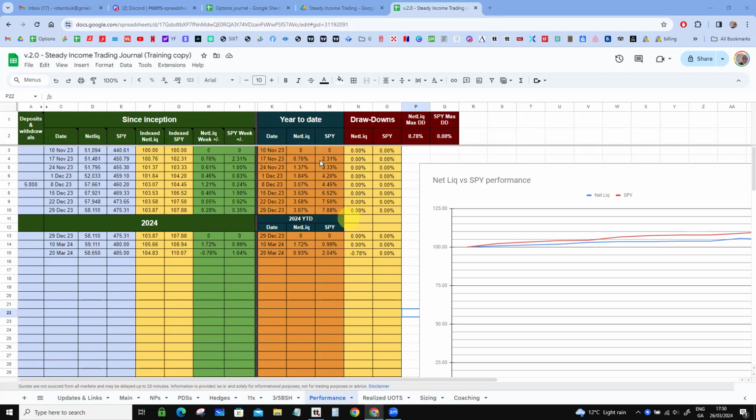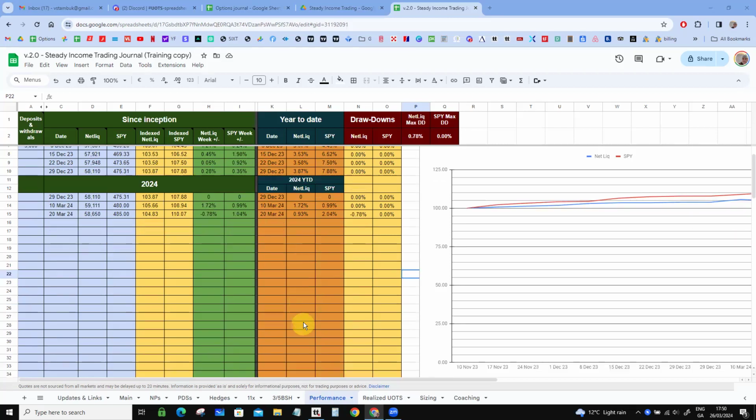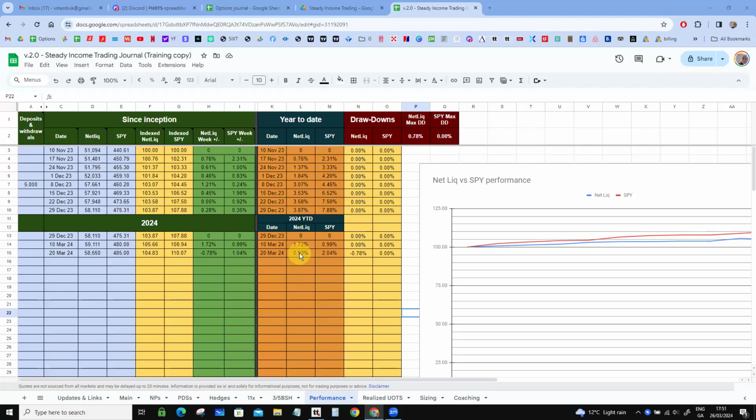And then here we have year-to-date numbers. So here, for example, 2024, you go here, then you go into next year and start, and so you can keep year-to-date performance here. And then this column here, F, keeps your numbers since inception. So it just goes through and continues on.